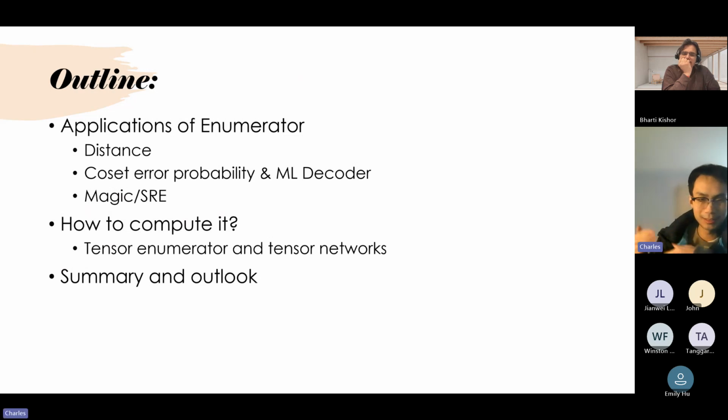And then, of course, having all these good applications, we really want to be able to compute it, right? And that's when we introduce the formalism of tensor enumerators, and then combine with the technology of tensor networks that really allows us to substantially speed up the computation of these objects, which are generically NP hard, but once you have some structures, you can really speed it up.